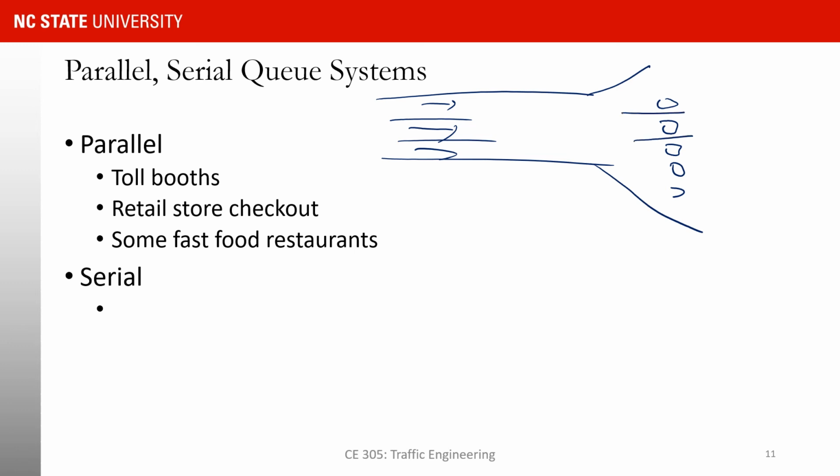These are parallel servers that provide service to vehicles that are arriving simultaneously. Retail store checkouts are also parallel servers. Some fast food places have several checkout lines, so you have parallel servers.